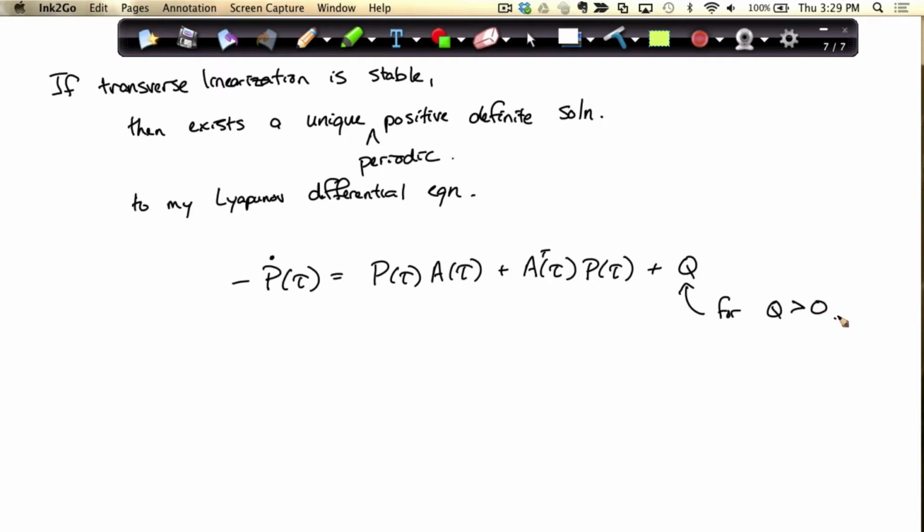Pick any positive definite Q to throw in there. Give yourself some shape. That's your design parameter. But if you pick a positive definite Q, you find a periodic solution to this, some periodic P, right?